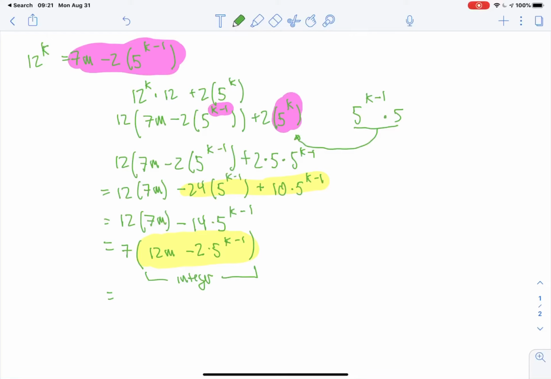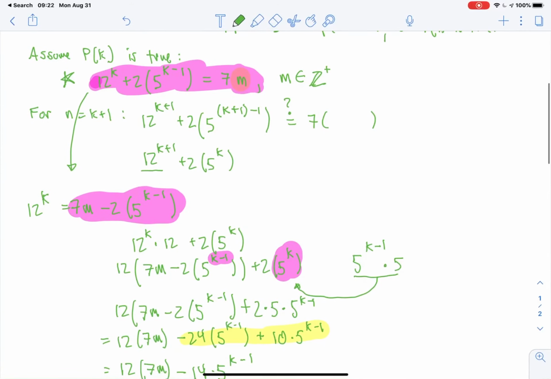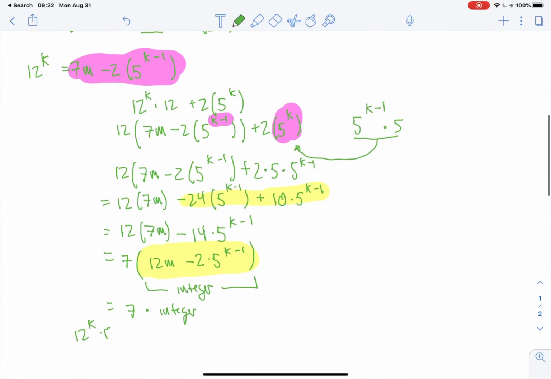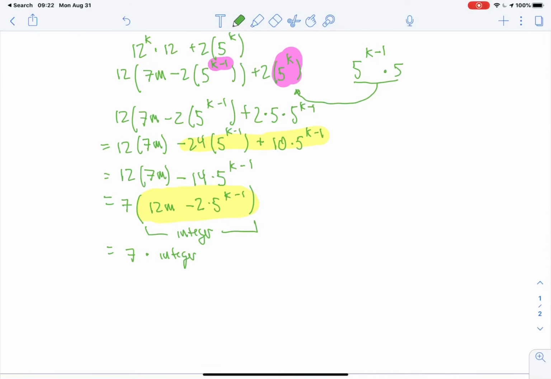And since we have 7 times an integer, this means that we have proven what we were looking to do, which is specifically that 12 to the k plus 1 plus 2 times 5 to the k, this whole expression right here, is therefore a multiple of 7.